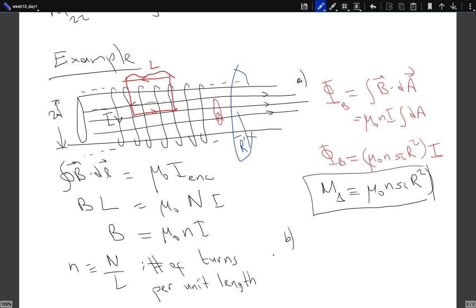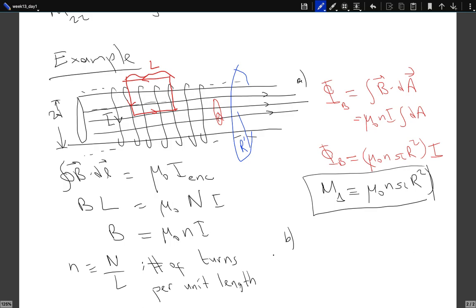Now, what about the inductance of the blue ring? Mutual inductance of the solenoid and that blue ring. Again, we just first send the current, which creates the magnetic field. And we had already calculated the magnetic field.